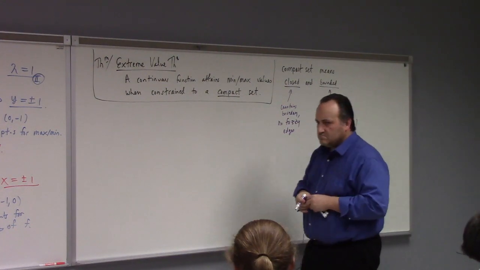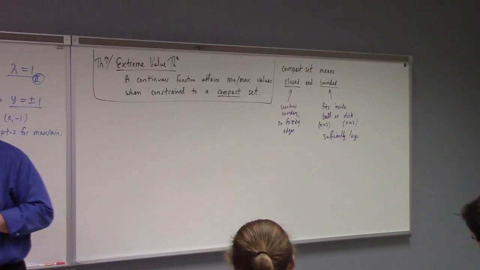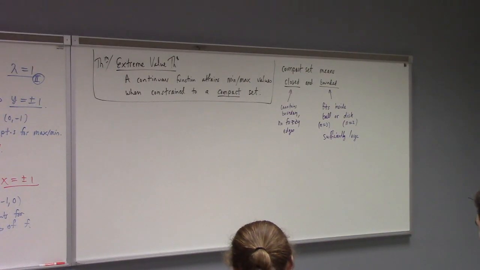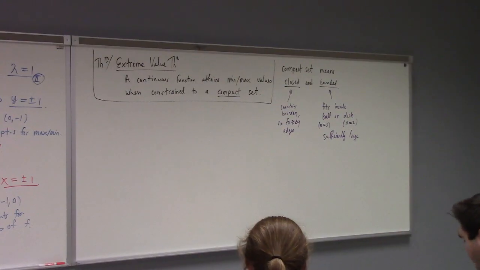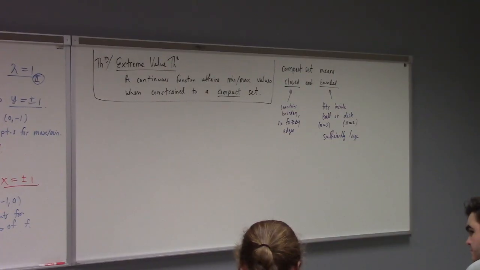So like, my constraint curve here is a circle. Does a circle fit inside a disk that's sufficiently big? Sure, take the disk of radius 2, right? The unit circle fits inside that. Is the unit circle closed? Yes, it's a closed set. It contains its boundary. I mean, the boundary of the unit circle is the unit circle, actually.